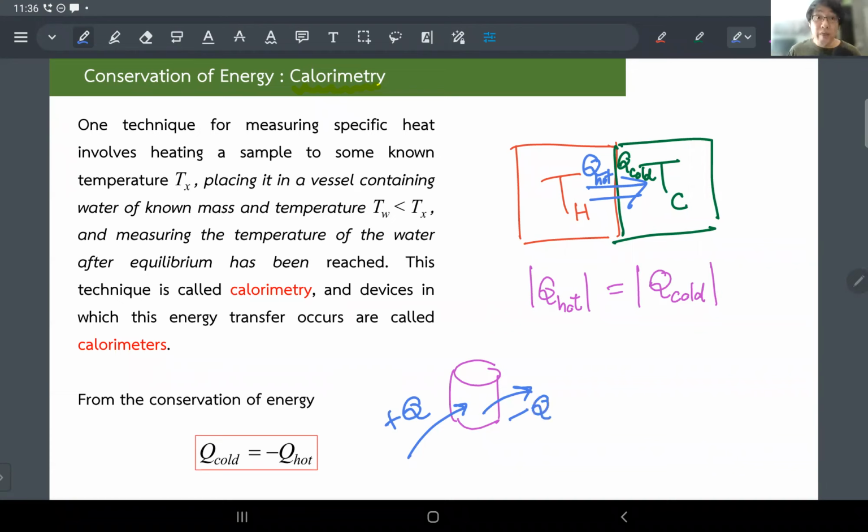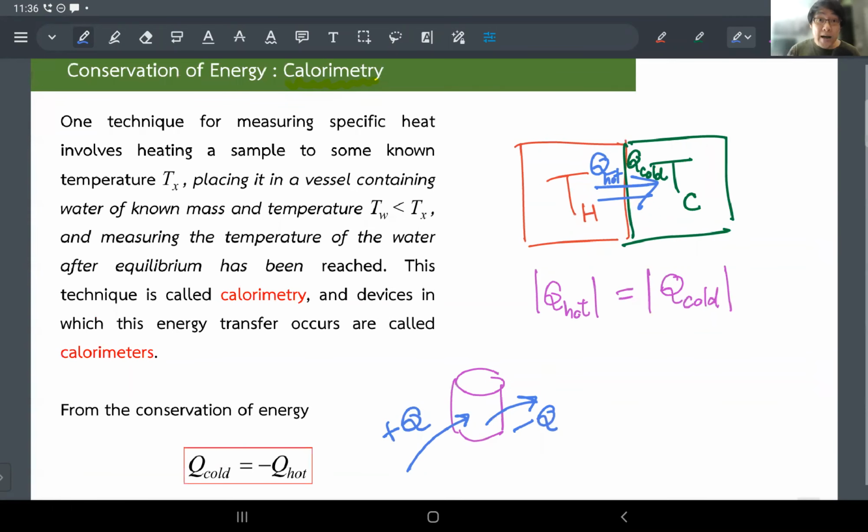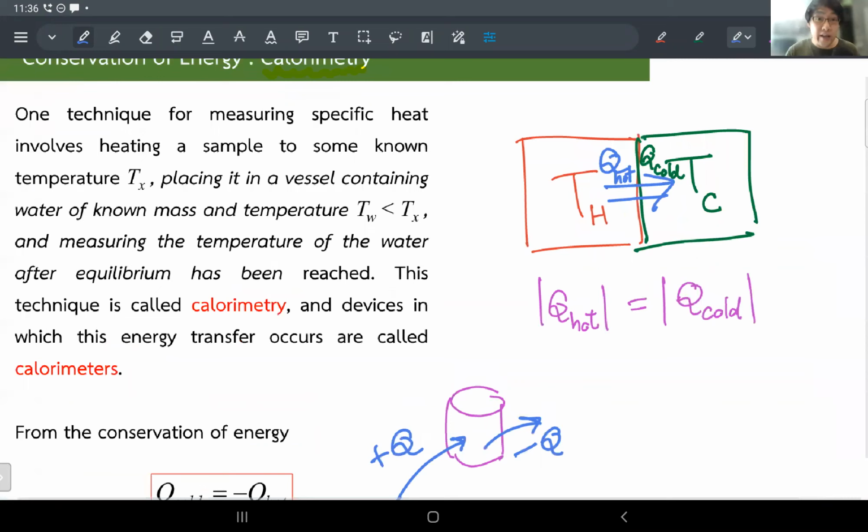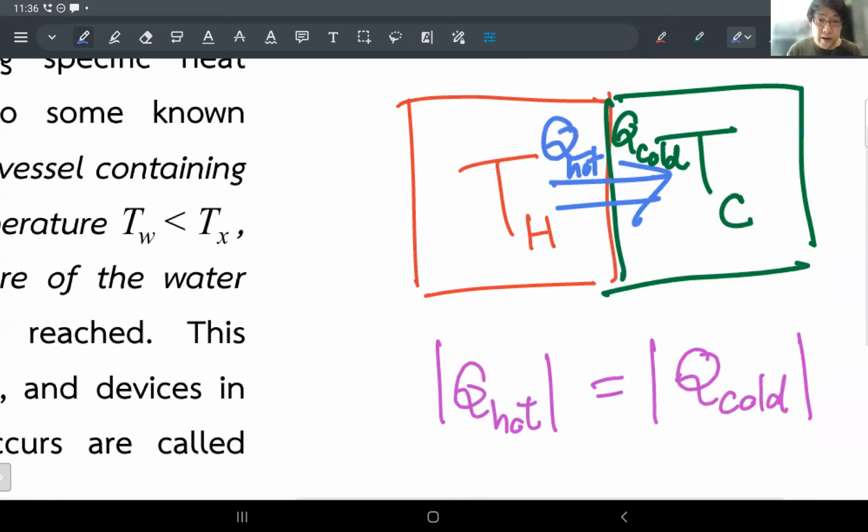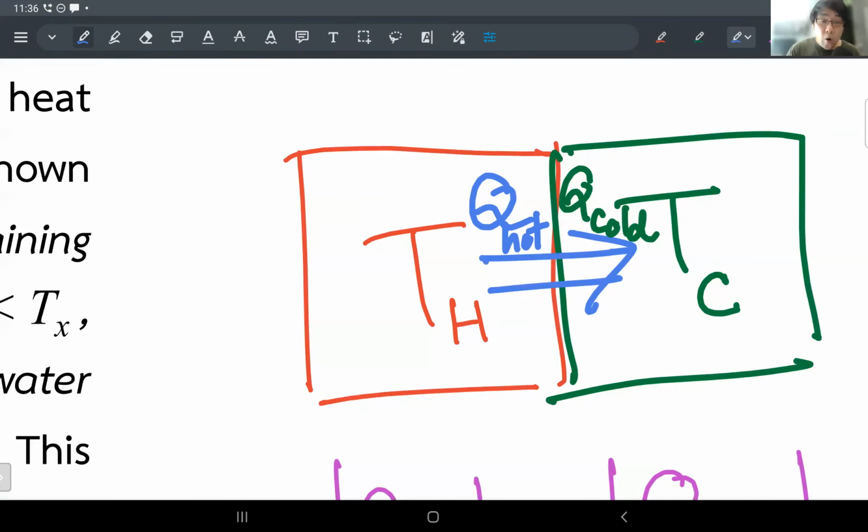With that, Q hot must be negative because it's the energy leaving whatever you are considering your system right now. And then Q cold will have a positive value because the heat is entering your object. Does that make sense?